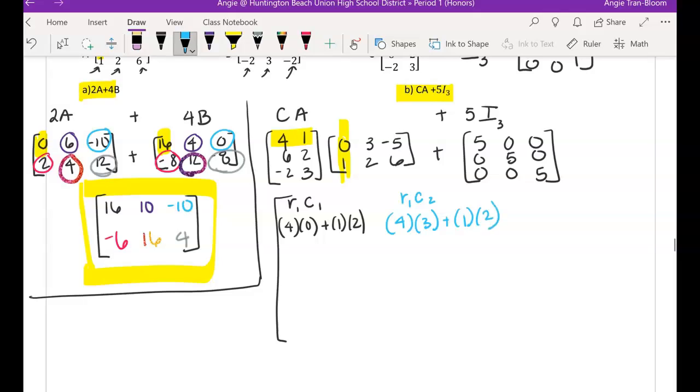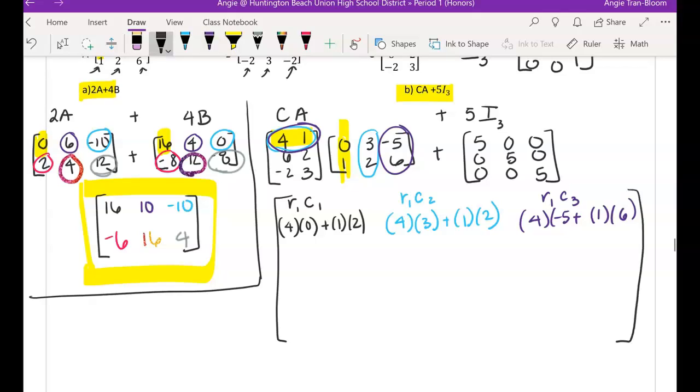Okay, this is column number 2, and again I'm still multiplying row 1. The next one is row 1 times column 3. So we're going to take 4 times negative 5 plus 1 times 6. Okay, we will work out the basic math later, but I want to write everything out so you are very clear.